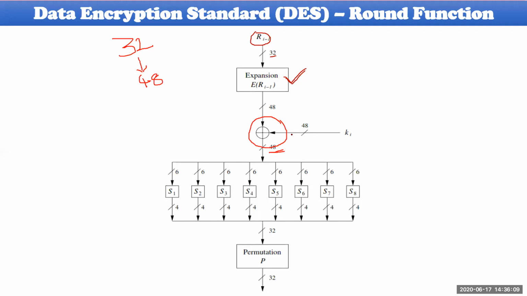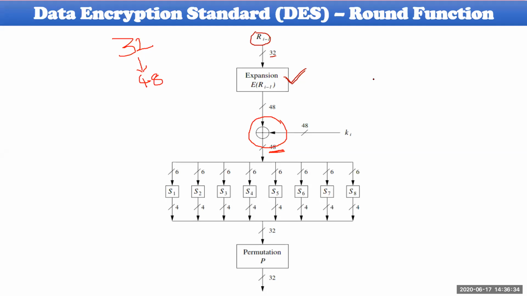Now, after getting this 48 bits as output from the exclusive OR, 48 means 8 sixes are 48. Each and every 6 bits will be sent to one S box here. Already I have told you there are 8 S boxes, and each of the 8 S boxes has its own identification.